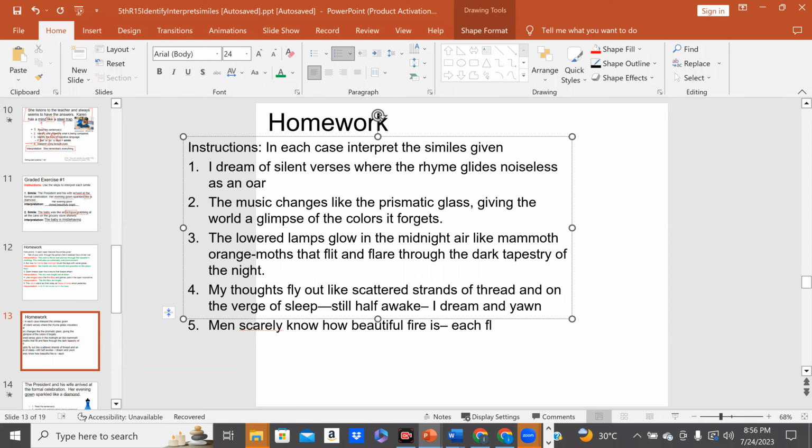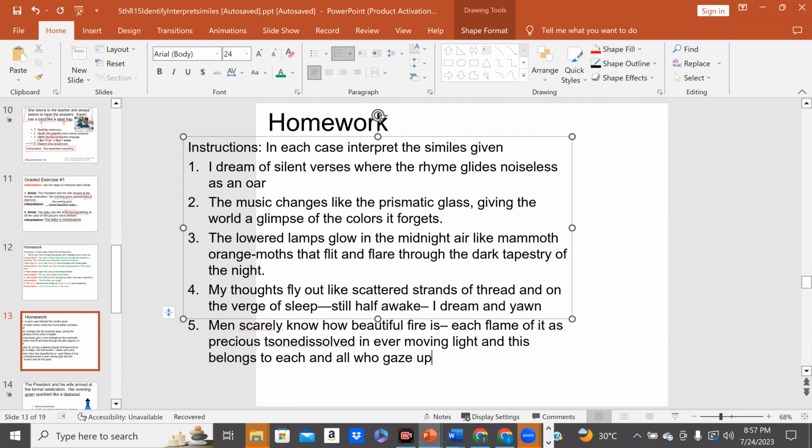Each flame of it as precious stone, dissolved in ever moving light. And this belongs to each and all who gaze upon.